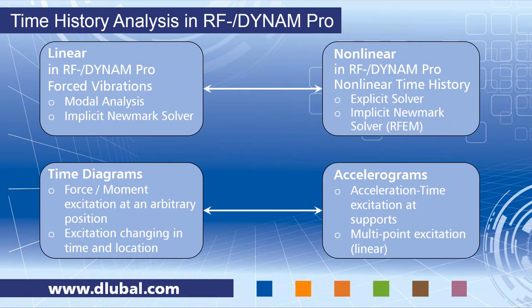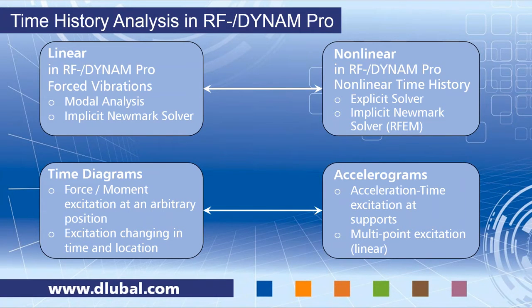You can define nodal, member, and surface loads, or even free or generated loads. So you can excite the structure wherever you want. Time diagrams and load cases are then connected together in the dynamic load cases. Using this, you can even simulate an excitation that varies not only over time, but also over position.